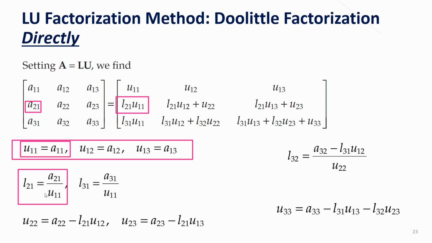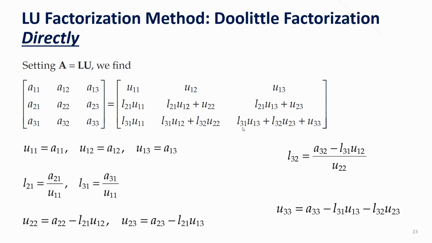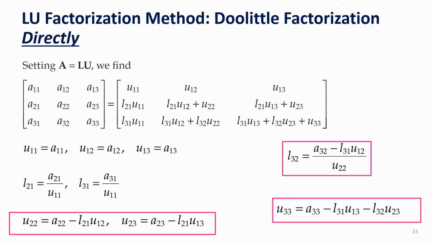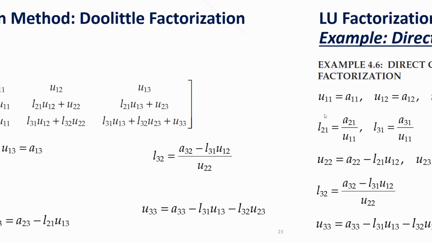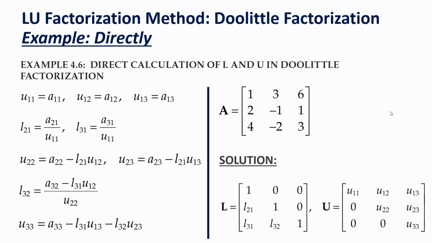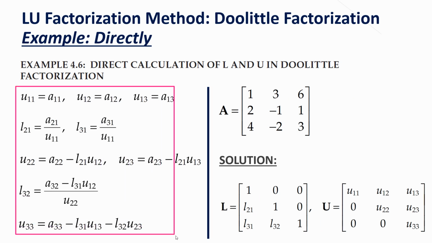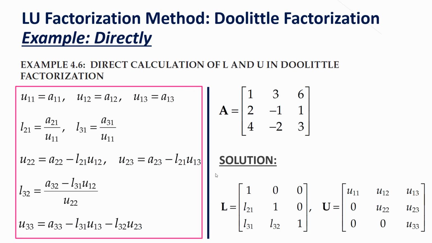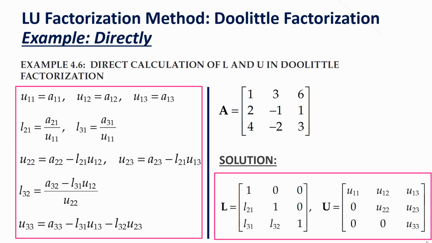So you will have the value L21. And so on, you can generate all of the formulas for the L as well as the U values here. This is what we call the direct calculations.